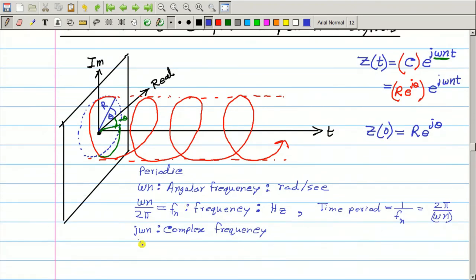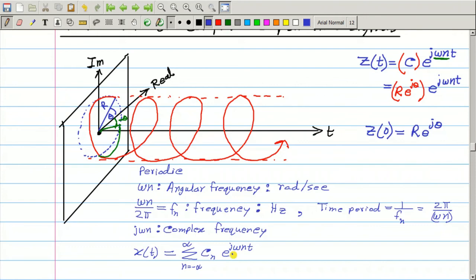Now, when we write any periodic signal x(t) as a sum over Cn e to the power j omega n t using Fourier series, complex Fourier series, then these individual components, individual periodic complex exponential signals, are called the harmonics or complex harmonics or harmonic components of x(t).